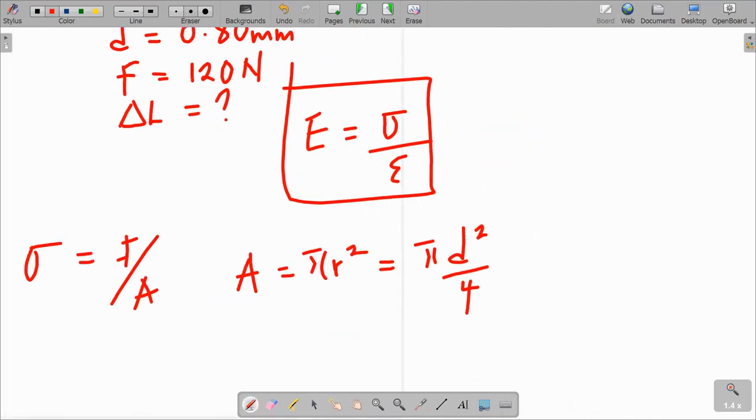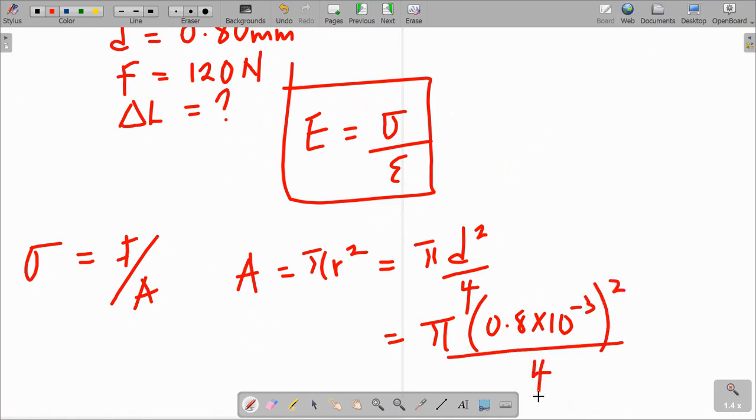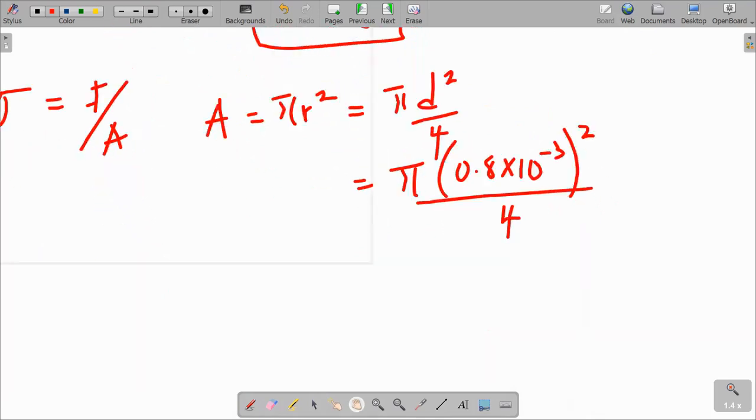So this becomes pi times 0.8 times 10 to the power of minus 3, since we're converting to meter, all squared divided by 4. So we punch this into our calculator. The area is going to be equal to 0.5027 times 10 to the power of minus 6 meter squared.